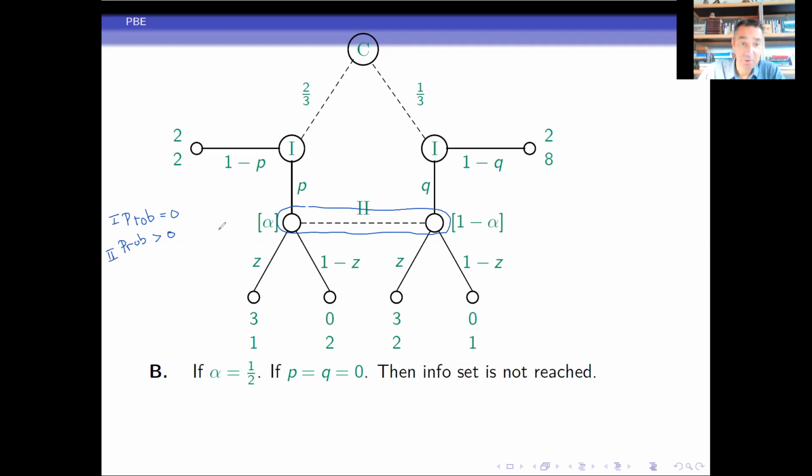And what does it mean that the probability is 0? Well, that means that P should be 0 and Q should be 0. So this information set is not reached, and that means that consistency cannot be applied, right? So now the probability here is 0, so you can't use Bayes' rule.